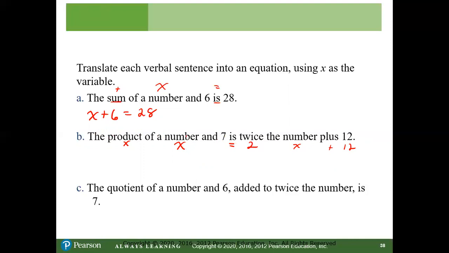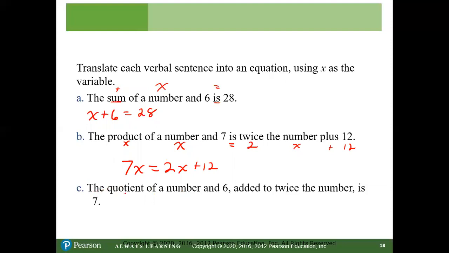The product of a number and 7, so 7x. A number being x, 7 being 7. The product of these two is twice that number, plus 12. And there is our equation.